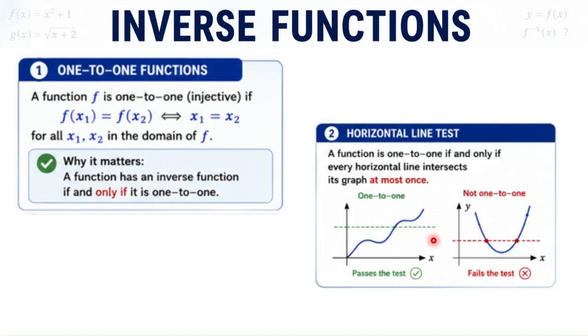To determine whether a function is one-to-one or has an inverse, we use the horizontal line test. If every horizontal line intersects the graph at most once, then the function is one-to-one and an inverse function exists.